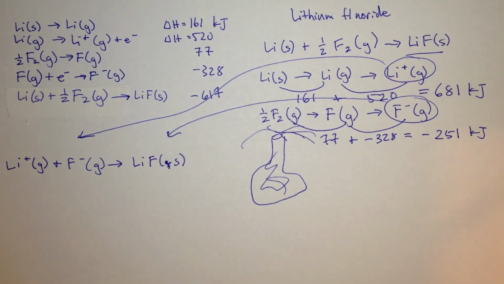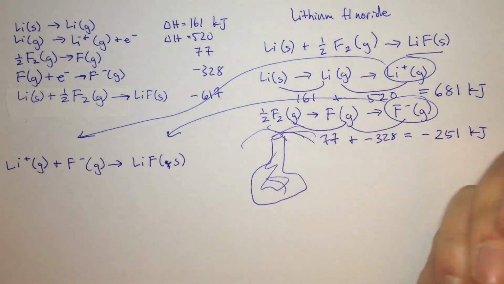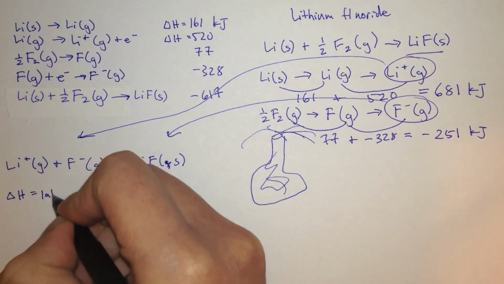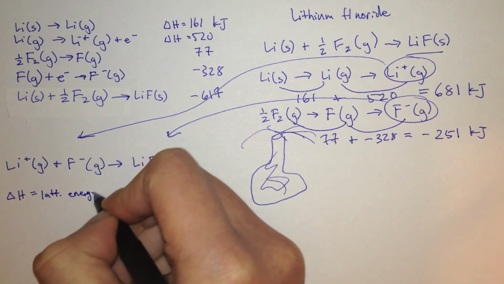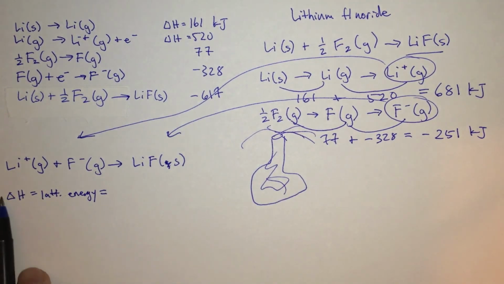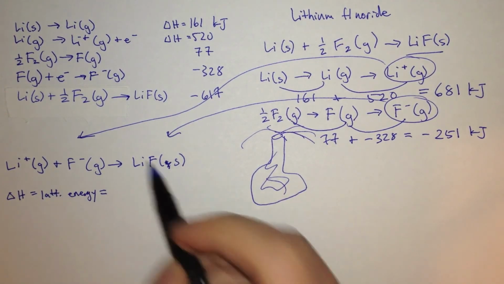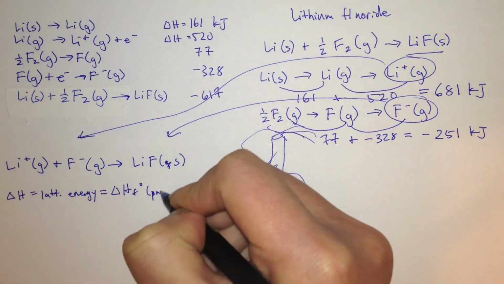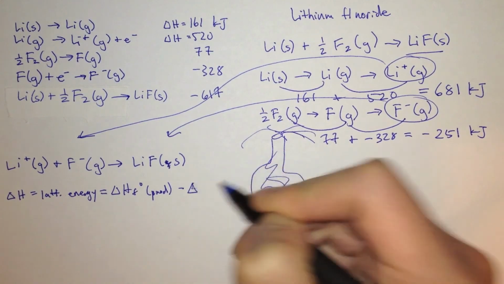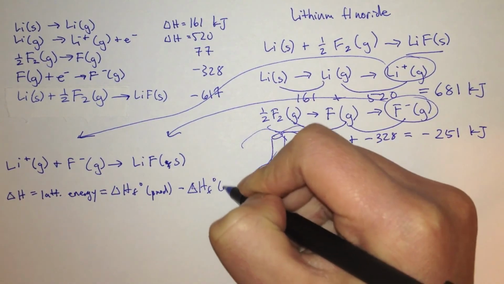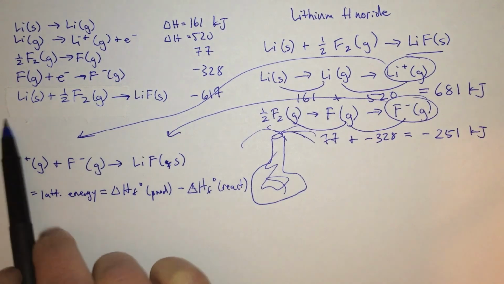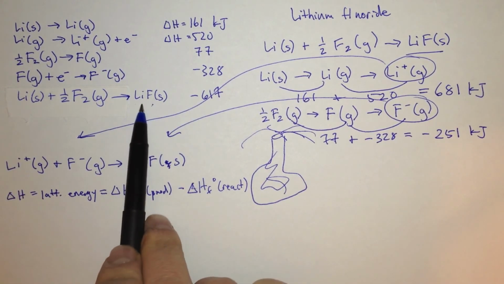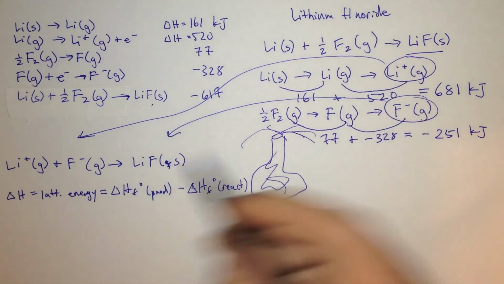So again, we're going to use the heat of formation, the heat of reaction. And the heat of this reaction is equal to the lattice energy, and the heat of the reaction is equal to the heat of formation of the products minus the same value for the reactants. And in the last equation here, this gives us the heat of formation of lithium fluoride as a solid, as a crystalline structure.